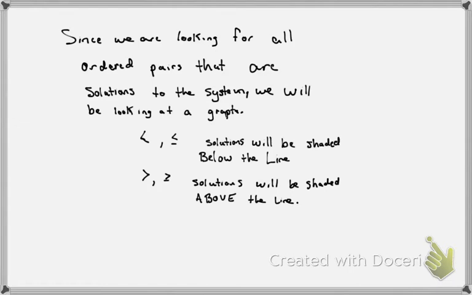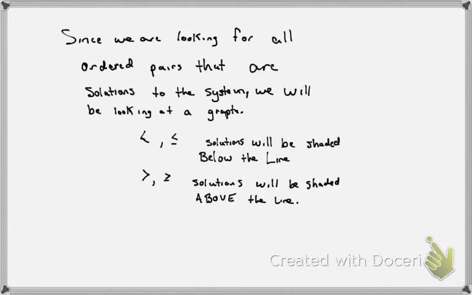And just the opposite, if we have a greater than or greater than or equal to symbol, the solutions will be shaded in the area above the line, because larger y values are going to naturally be higher.